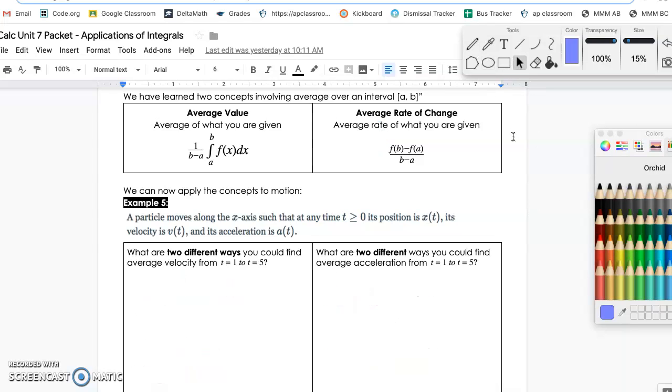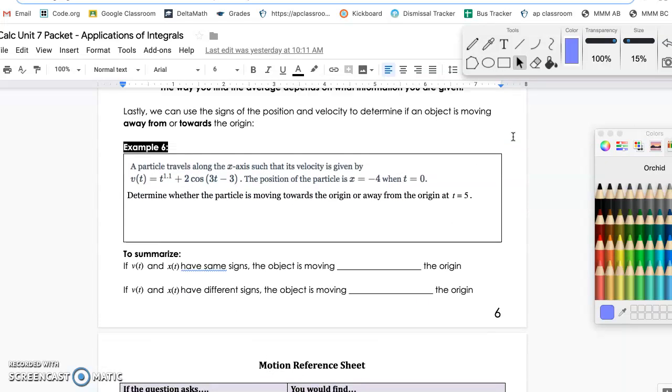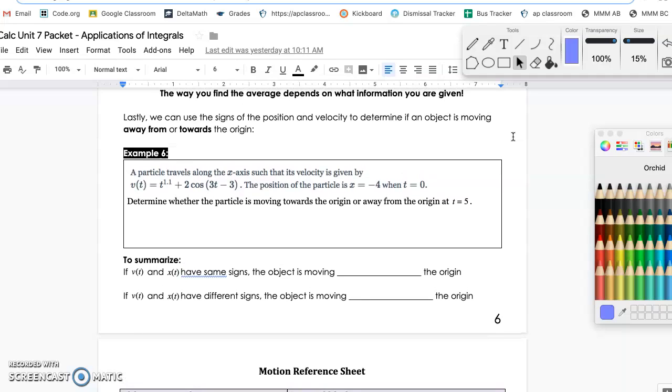If I scroll down, it says lastly, we can use the signs of position and velocity to determine if an object is moving away or towards the origin. The particle travels along the x-axis such that velocity is given by v of t equals t to the 1.1 plus 2 cos of 3t minus 3.